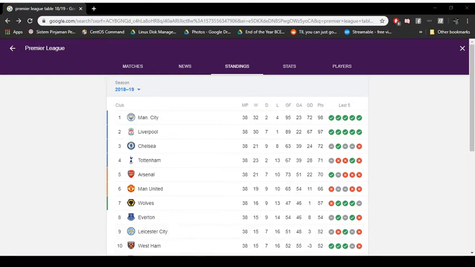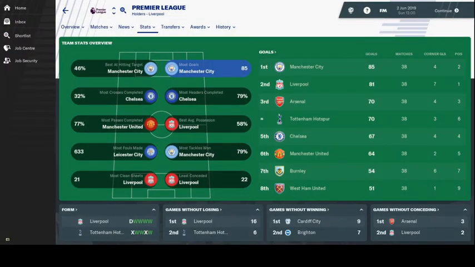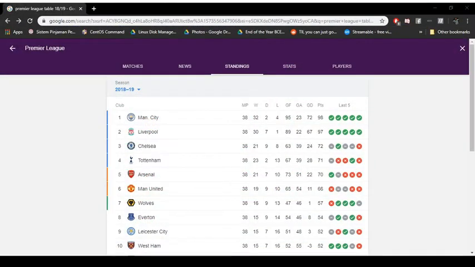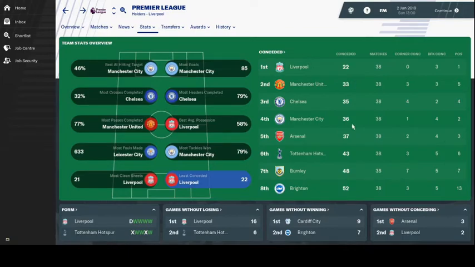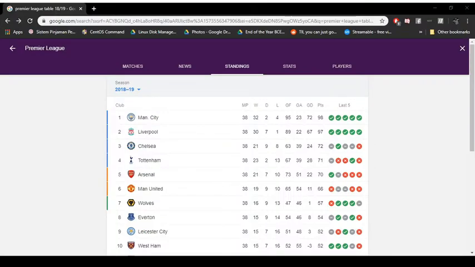The second one was Liverpool with 81 goals in the simulation, while in real life Liverpool scored 89 goals, conceding only 22, whilst Man City conceded only 23. In the video game, Manchester City conceded 36 goals while Liverpool conceded 22. If you look back, it is almost similar to what Liverpool conceded.